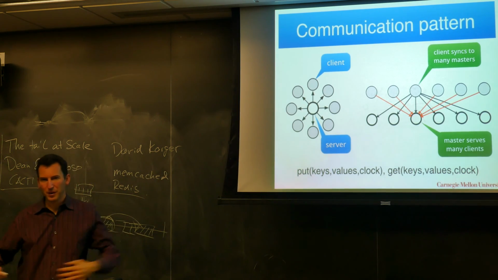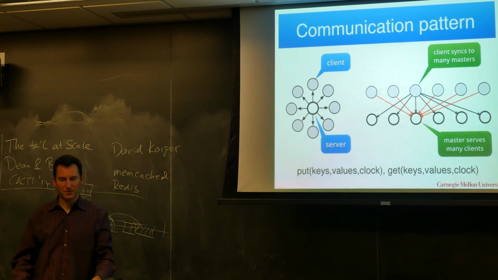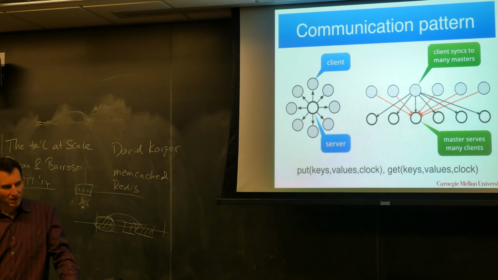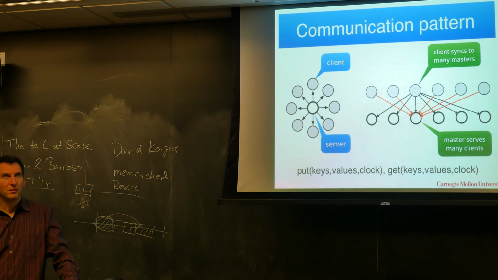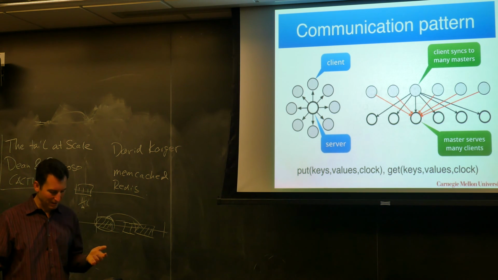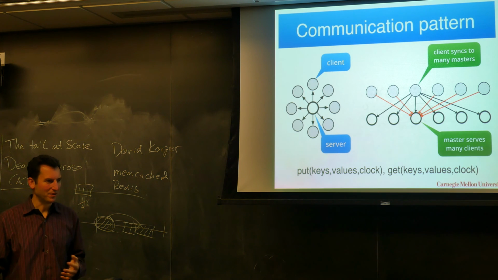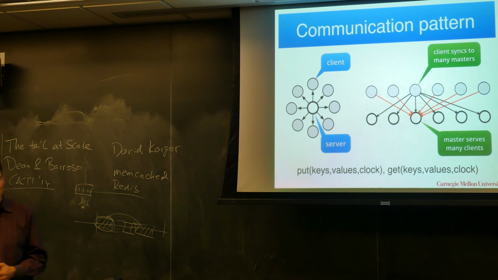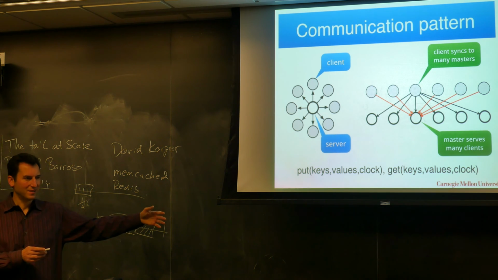But if I have a bipartite graph, this doesn't happen. Yes? These masters all do the same thing? They do something that's very similar to the same thing. So for instance, what could happen is that they update different coordinates of a common parameter vector, right? It could happen that they sketch a different subset of keys.